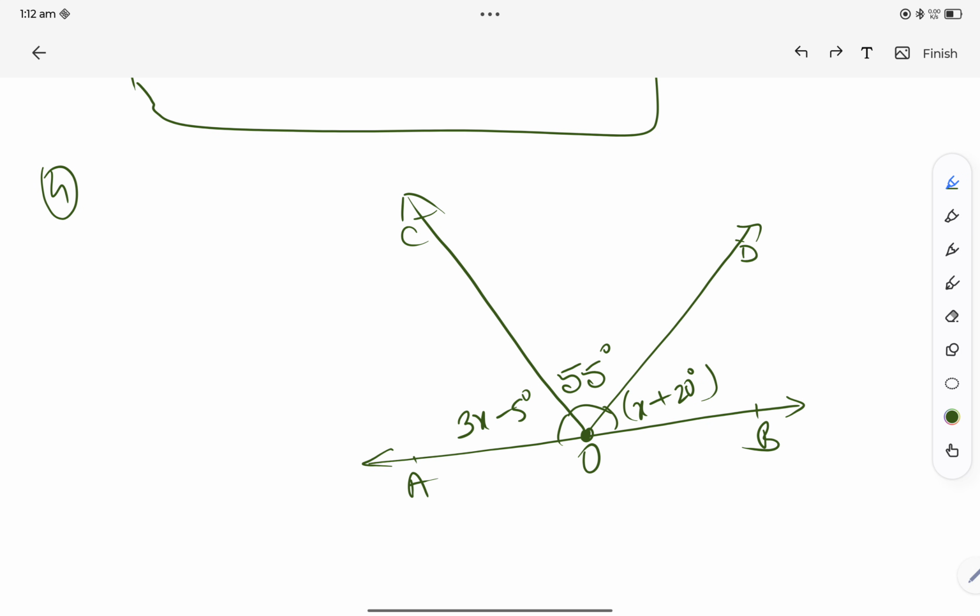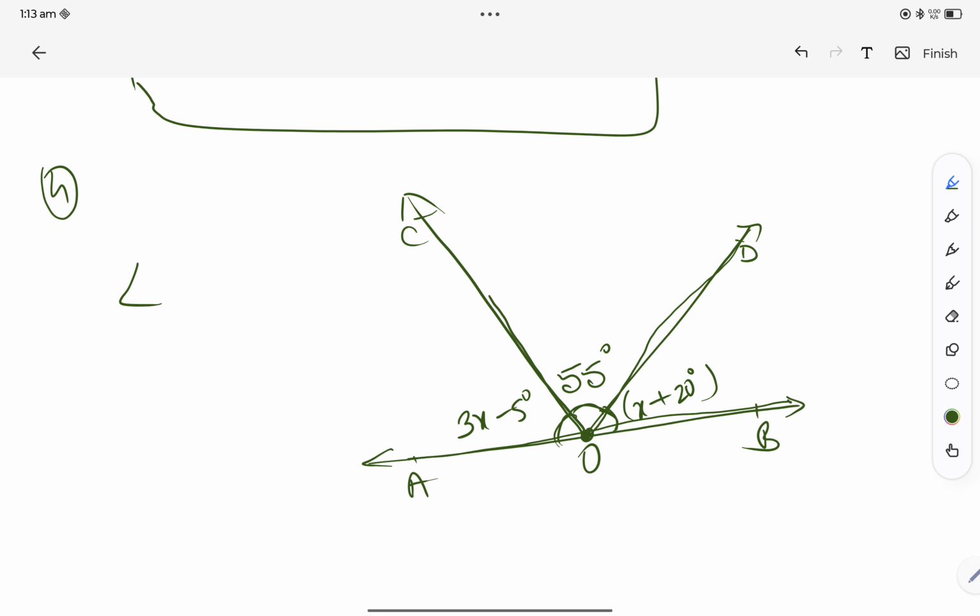So the sum of these three angles is 180 degrees. As you know, the sum of all the angles on the same side of a line is 180 degrees.